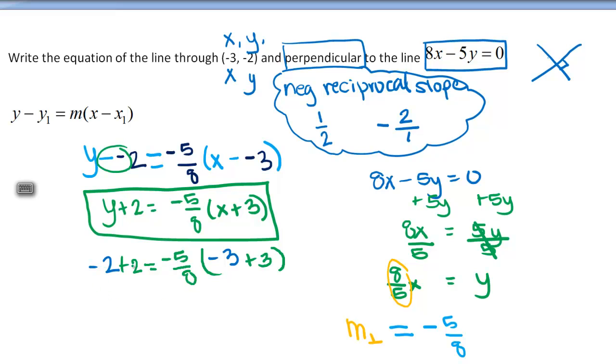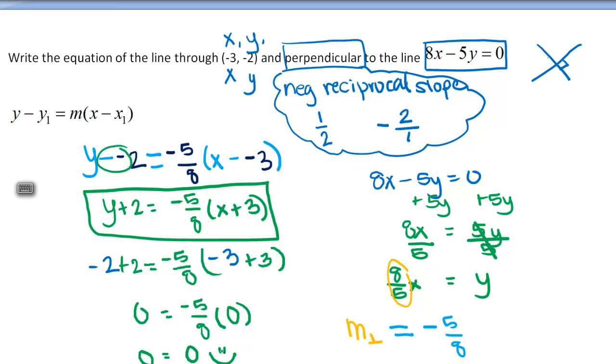What's -2 plus 2? That's right, it's 0. We have this ugly fraction right here, but I'm not going to pay attention to it right now. What's -3 plus 3? That's right, it's 0. What's 0 times anything? 0. Does 0 equal 0? Yay!